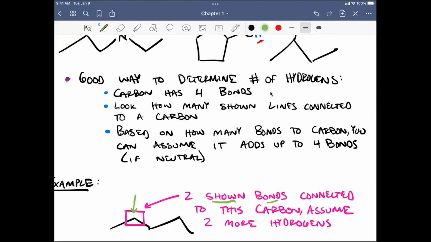And since it is not a plus or minus, it doesn't have any formal charge, it's neutral, its formal charge is 0, then you can kind of guess that it has 2 hydrogens attached to it, because we know that carbon needs 4 bonds to occupy its octet rule. So there's 2 unshown hydrogens right there.